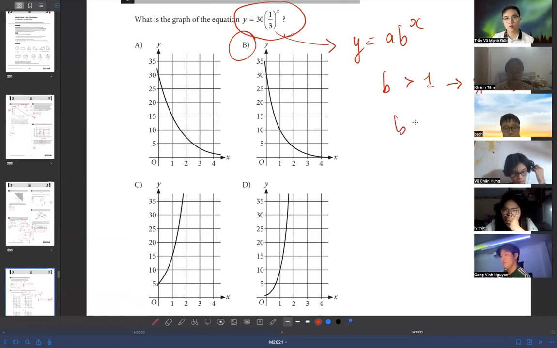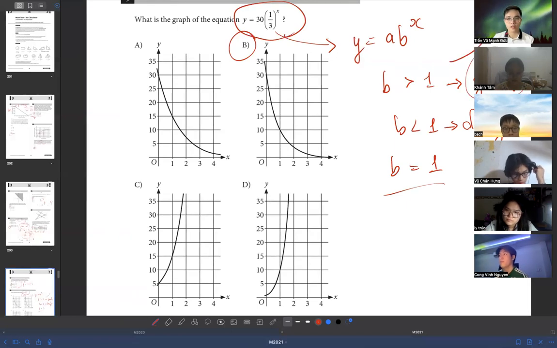And if b is smaller than 1, it is decay, right? Yes. And if b equals 1, it'll be a constant, so it doesn't change. So in this case, a growth will have this shape, and a decay will have this shape.